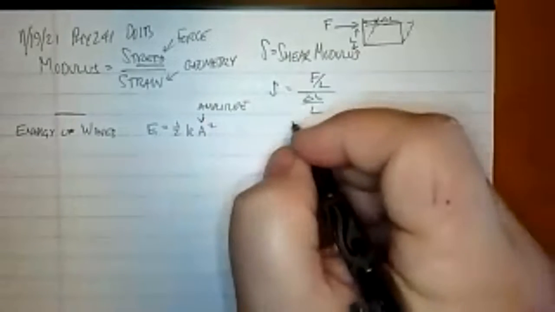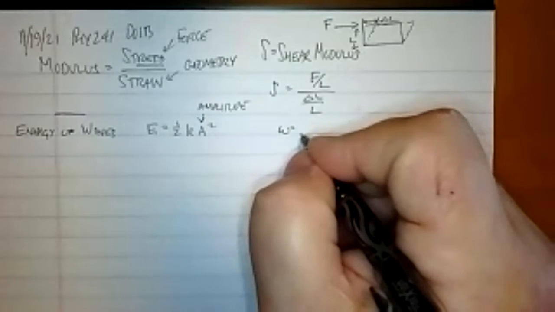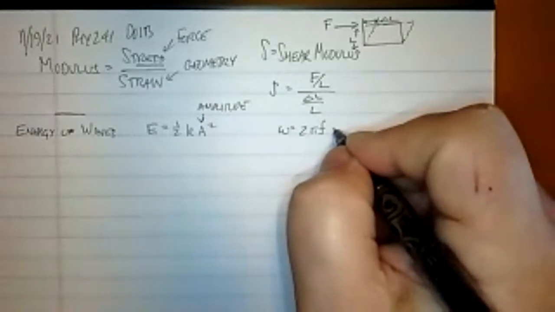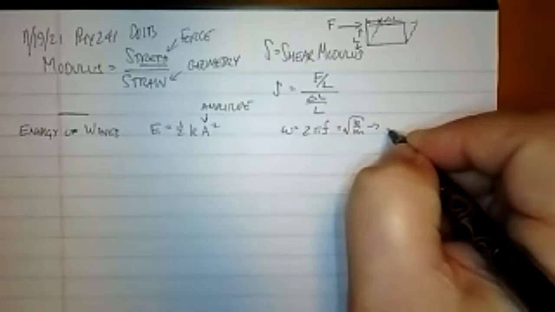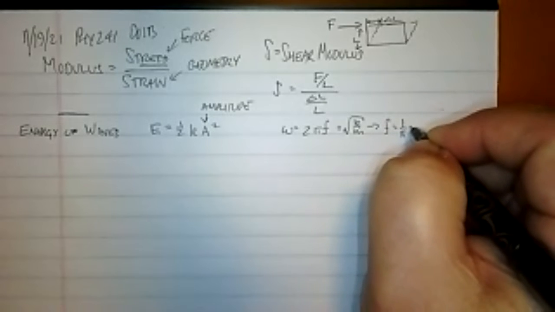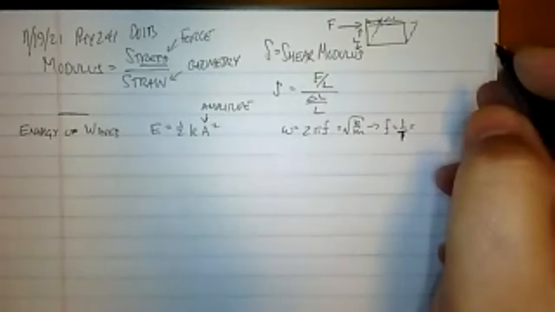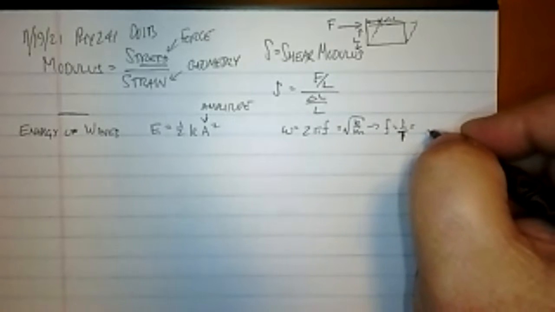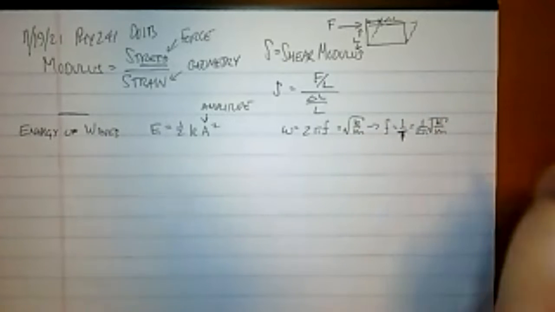Now, if you remember correctly, we had omega is equal to 2 pi times f, and we also had that omega was equal to the square root of k over m, so that f, which is 1 over the period, or excuse me, f, I don't know why I wrote pi, we would write as the square root of k over m times 1 over 2 pi, right?